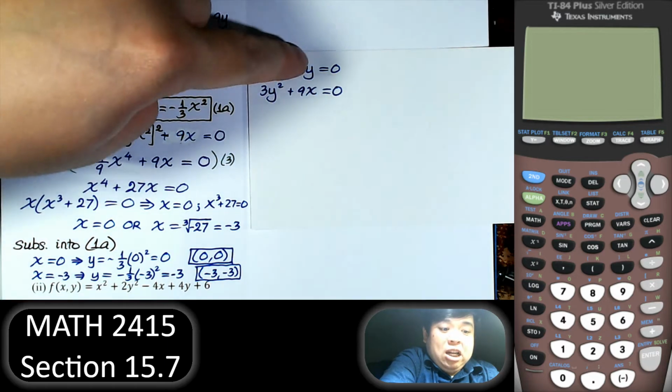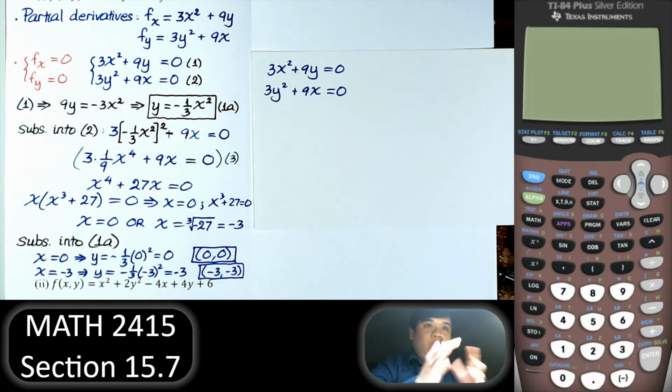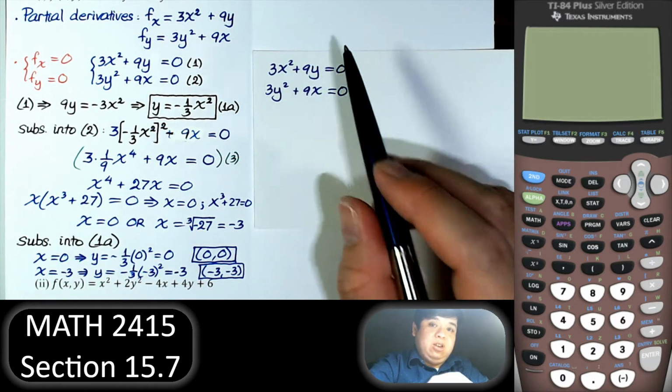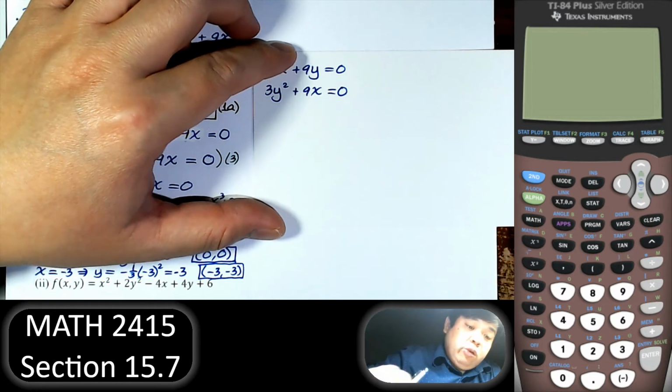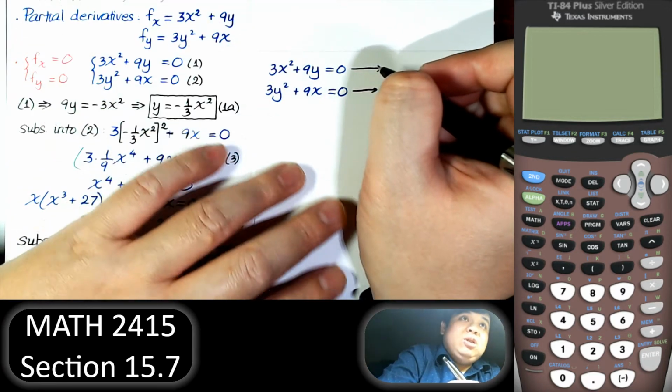By that I mean if I interchange x and y, this equation becomes the other equation. So for this symmetric property, I can use elimination.